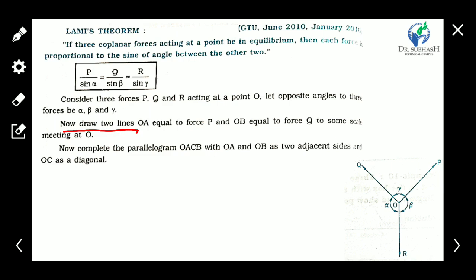Now draw two lines, OA equal to force P and OB equal to force Q, meeting at O.